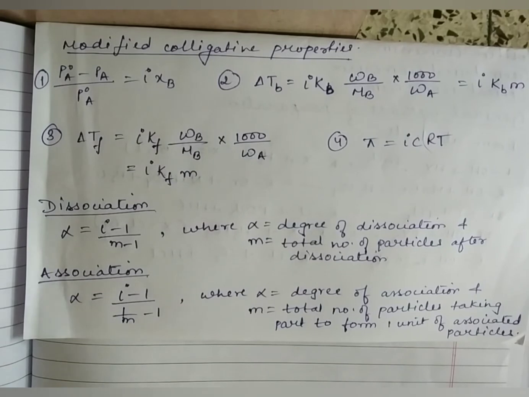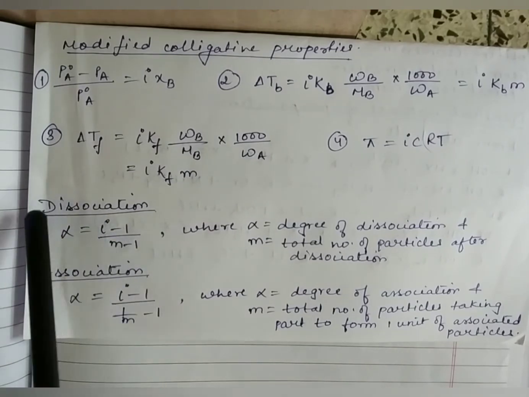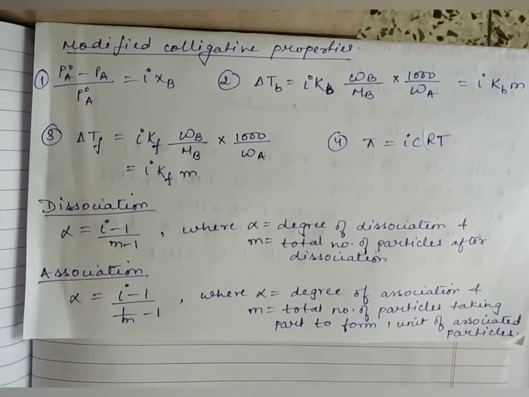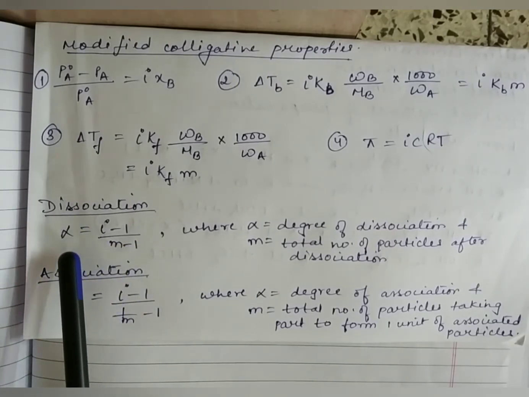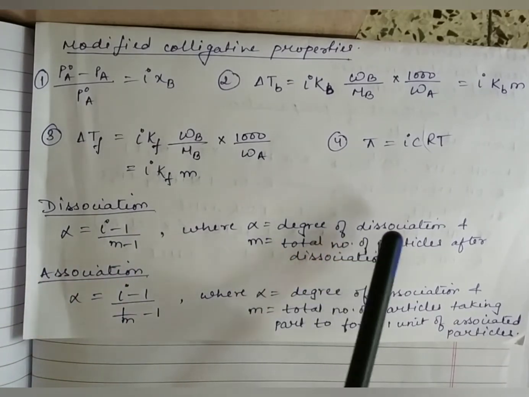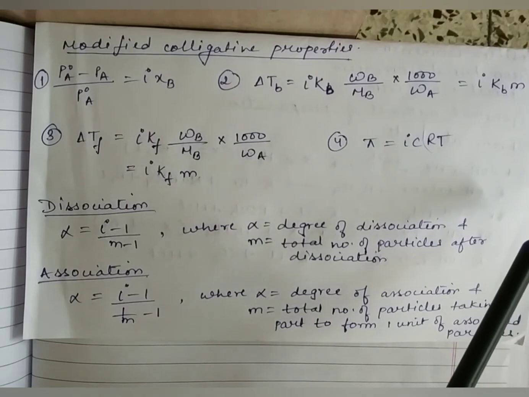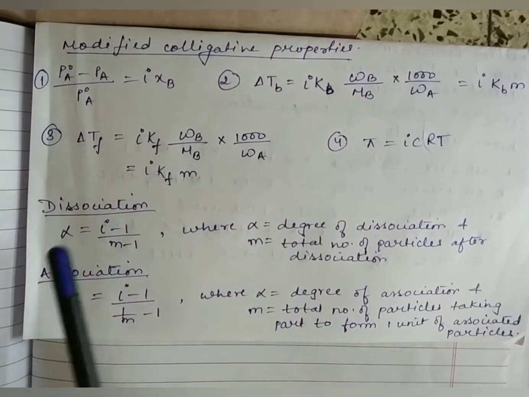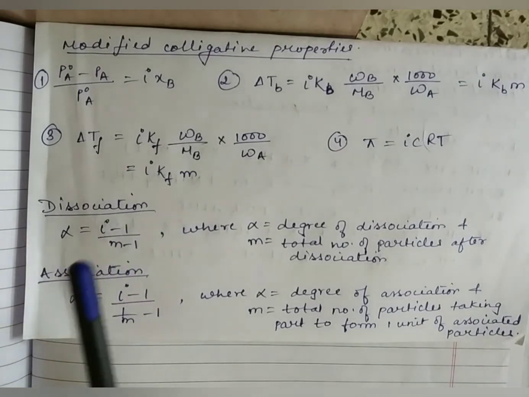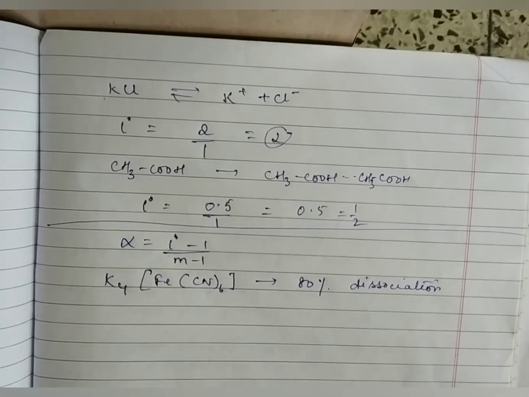So for dissociation, we can use this formula where alpha is the degree of dissociation, i is the Van 't Hoff factor, and m is the total number of particles after dissociation. So the formula is alpha is equal to (i minus 1) by (m minus 1).